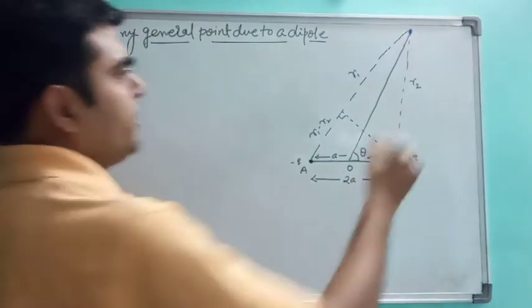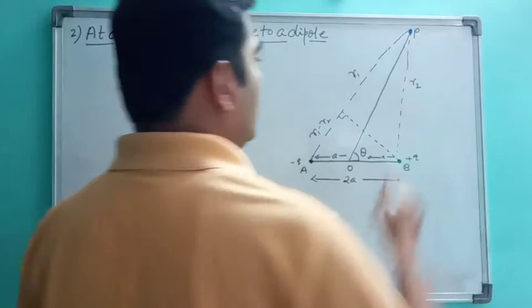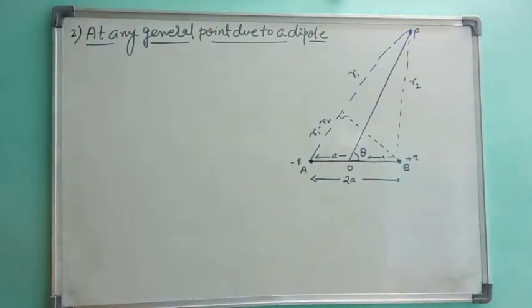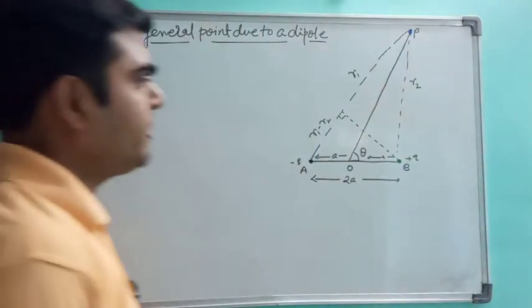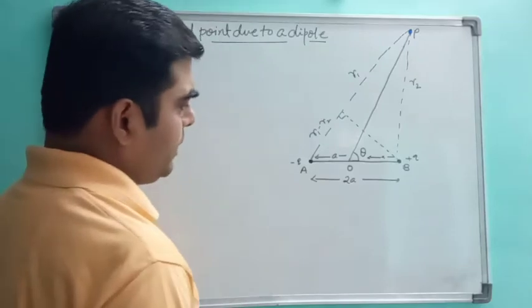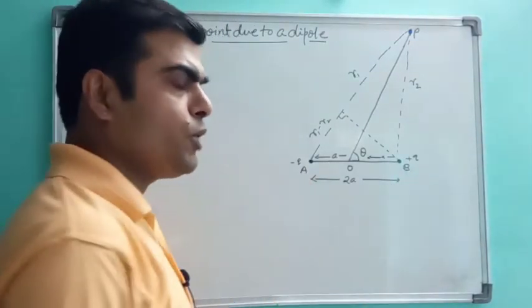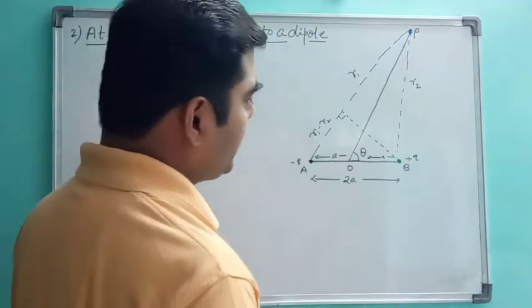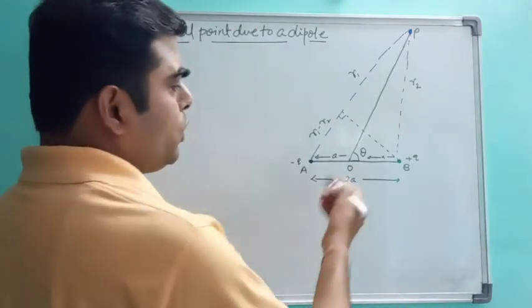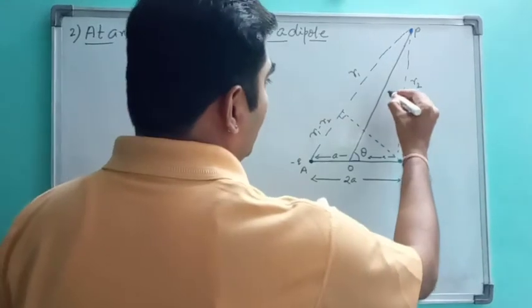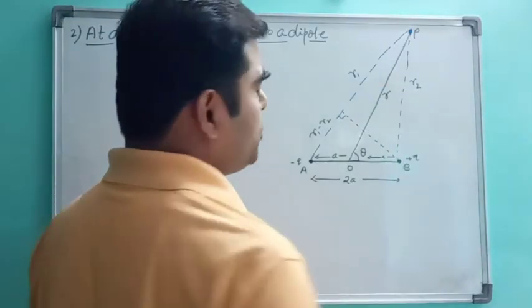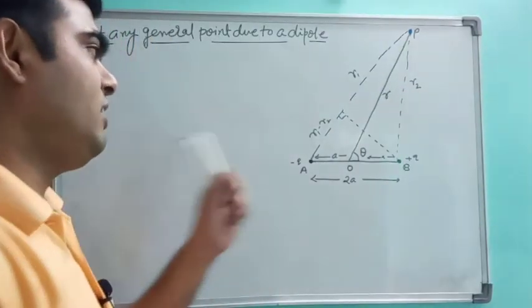Write down this picture very carefully in your notebook, because this picture is very simple. Point A is the minus q charge, point B is the positive q charge, both separated by 2a distance, and O is the midpoint. The position vector r makes an angle theta.